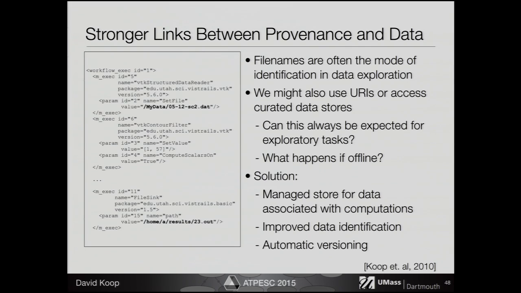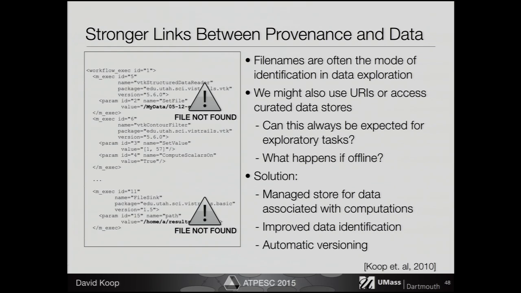This was just an exploratory data study of some of the data that I have, and that file wasn't found later on, right? Two years down the road, I moved that file, I changed computers, I wrote over that file with some other file. How do I keep track of the fact that I wrote down in my provenance that I used this specific file or this specific data source, but I can't necessarily go back to that each time?